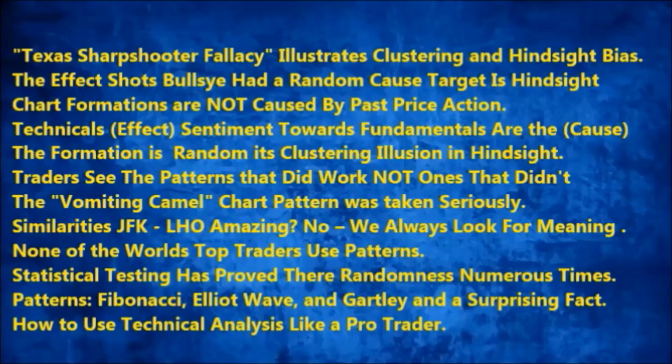Just in terms of patterns, I want to give you a fact that might be surprising to people who've looked at these pattern theories: Fibonacci, Elliott wave, and Gartley. Fibonacci was a 16th century Italian mathematician, and his number sequence has got nothing to do with trading. If you look it up, it was simply designed to show exponential growth as an equation.